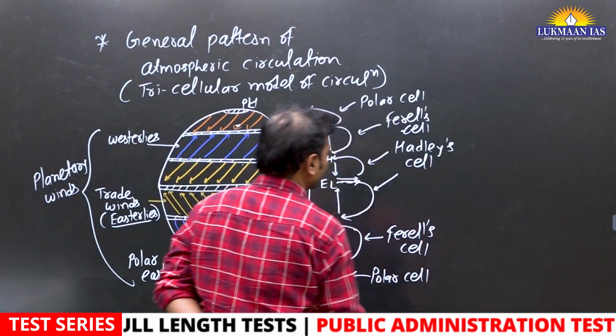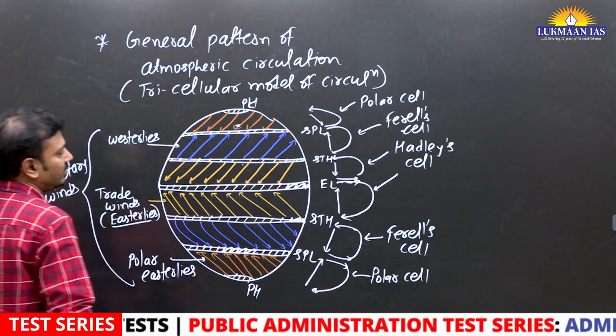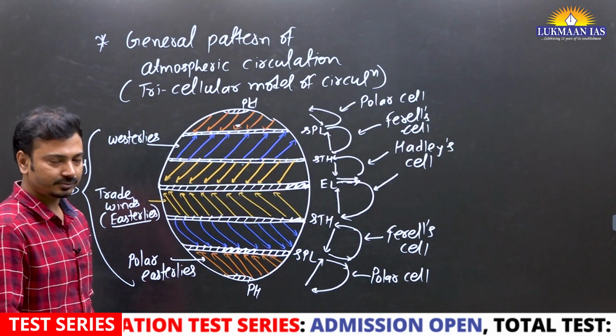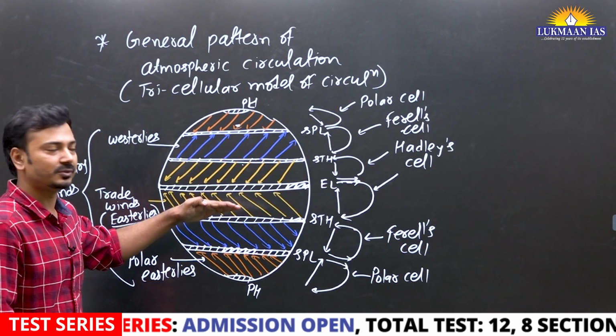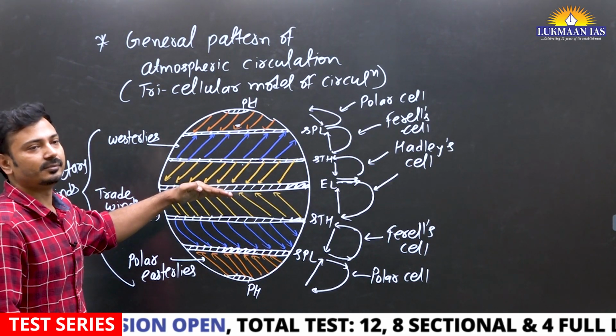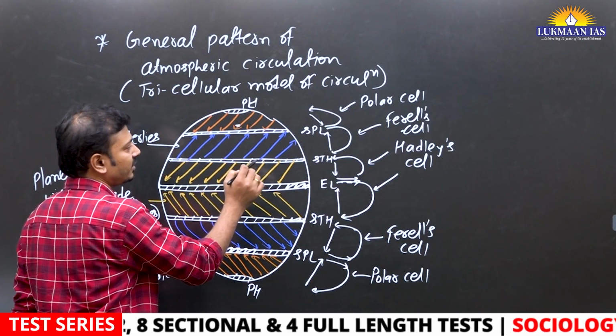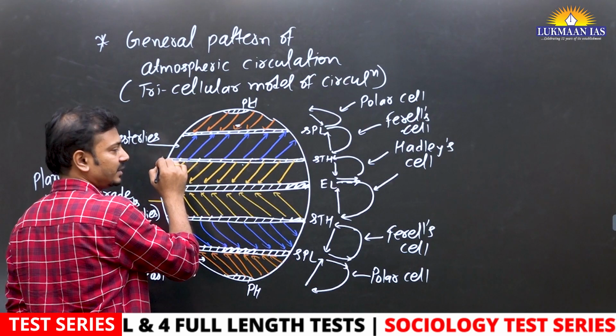Pay attention here. We said that these pressure belts are not constant and they are moving continuously according to the apparent movement of the sun. Let's say this is the subtropical high. Where will the subtropical high be? At 20 to 30.